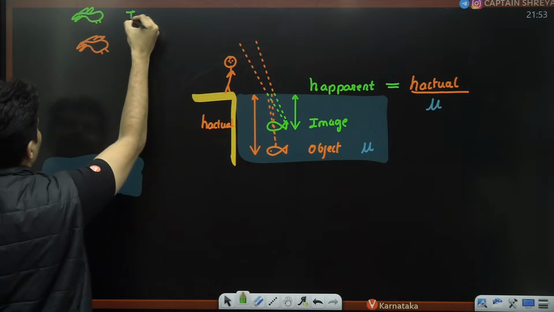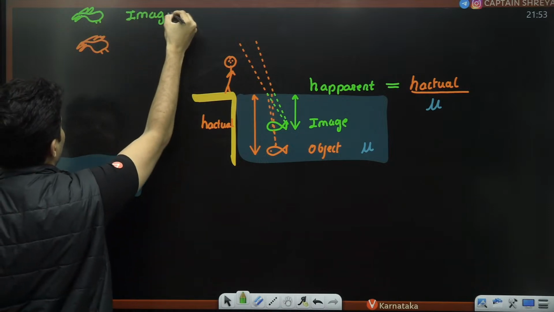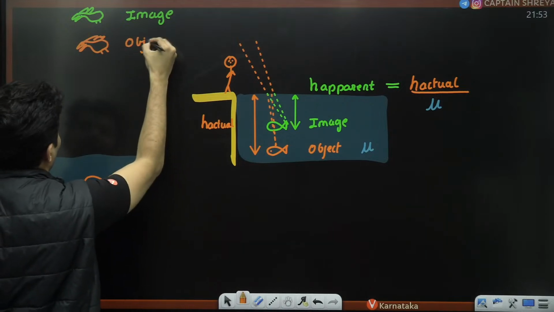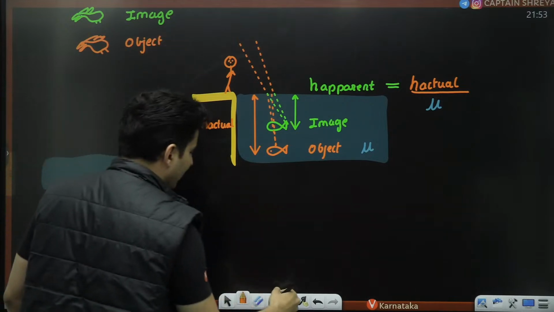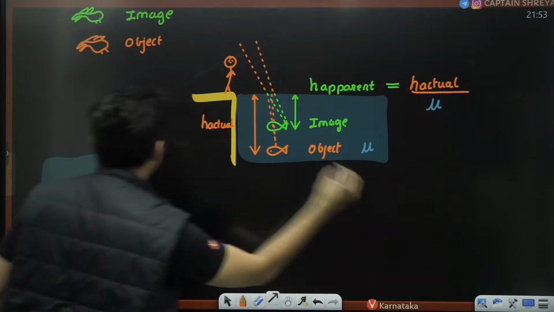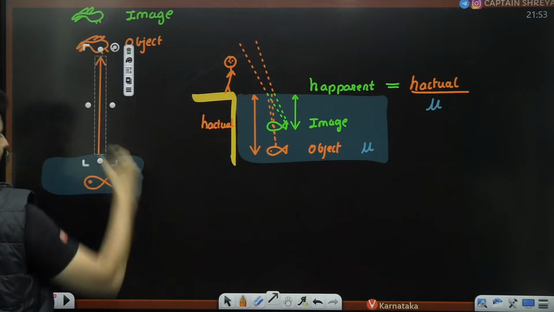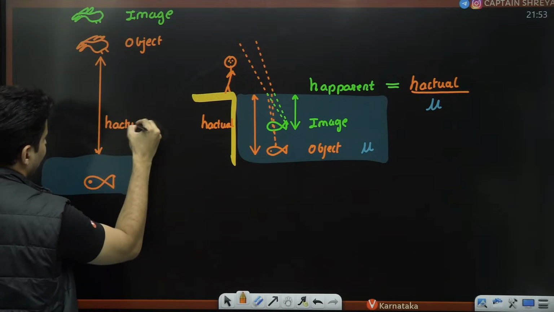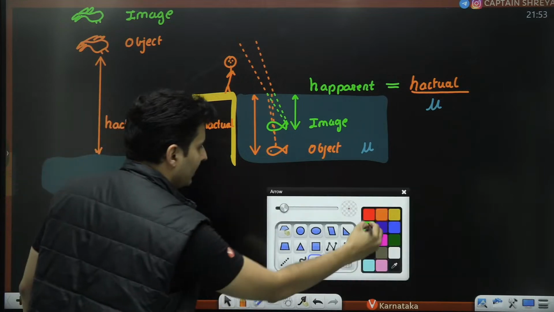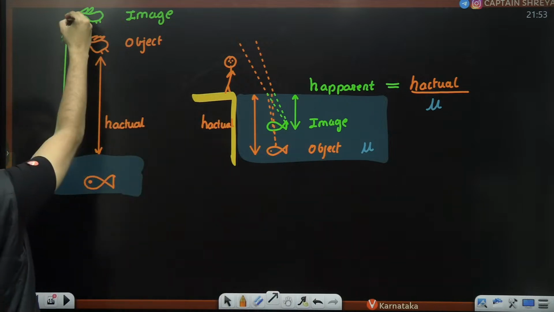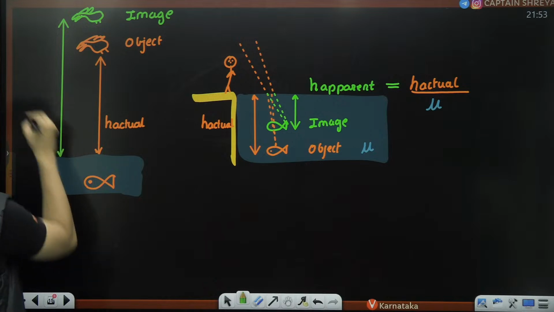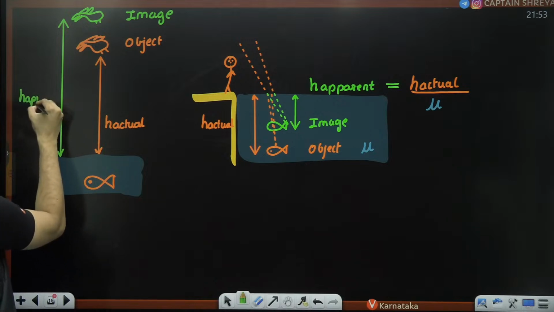This is where the image of the bird is, and this is the actual object. So to think of it, this is nothing but the actual height, and this over here is basically the apparent height.